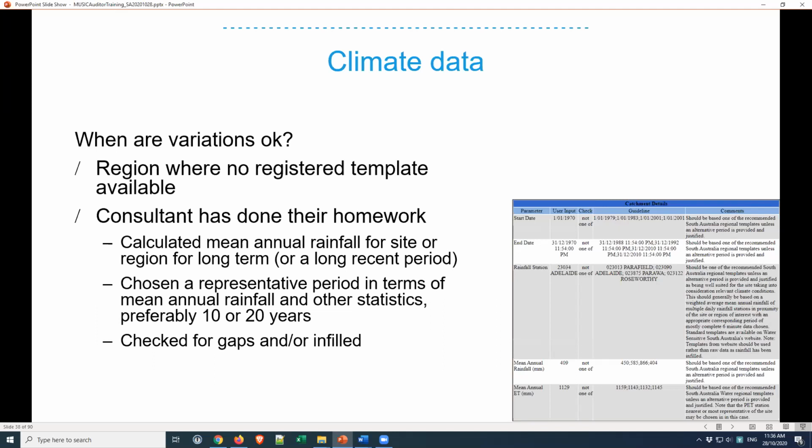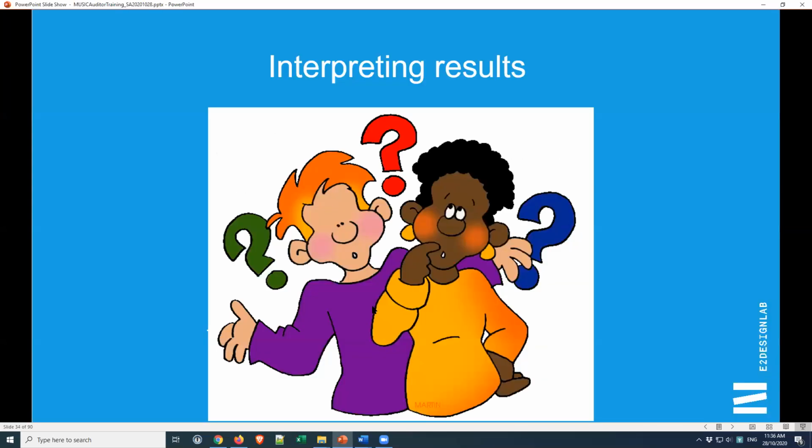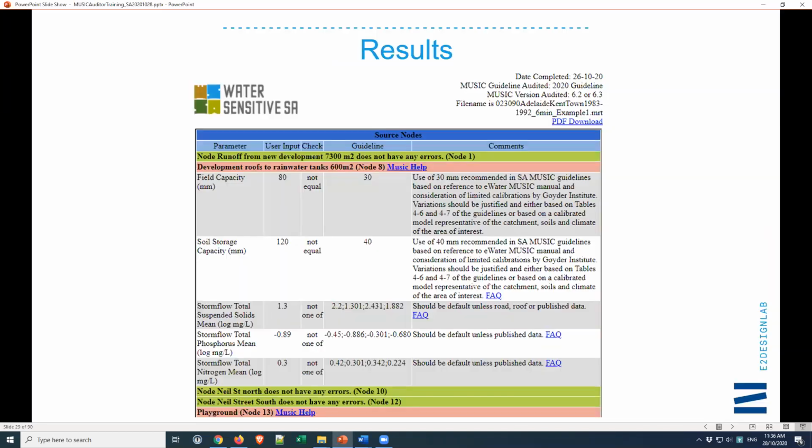Yeah, if you go back to slide 30, the bottom line regarding the node playground does not have any errors. Node 13, yours comes up with the right there, the bottom. Yep, the bottom node playground node 13. There's a slight difference there. I wasn't sure if you were using Melbourne parameters or South Australia parameters for that one though. Okay, sorry, on the file I've sent you, that's flagging it.